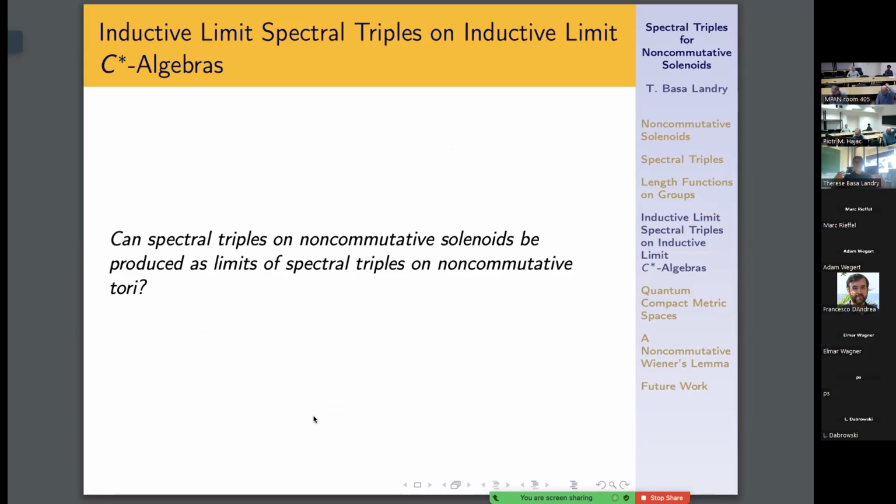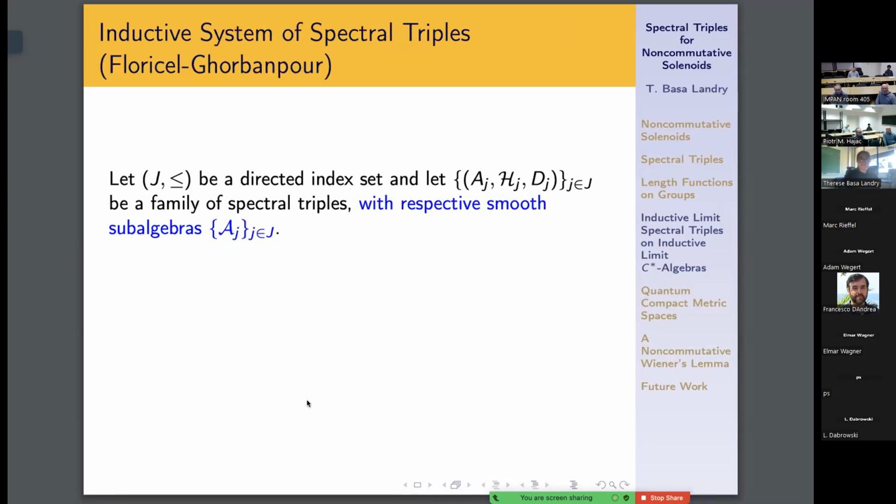So where the direct limit structure at the level of the solenoid is also mirrored in a sort of inductive limit structure in the spectral triple. And so that led us to the work of Latrémolière and Packer.